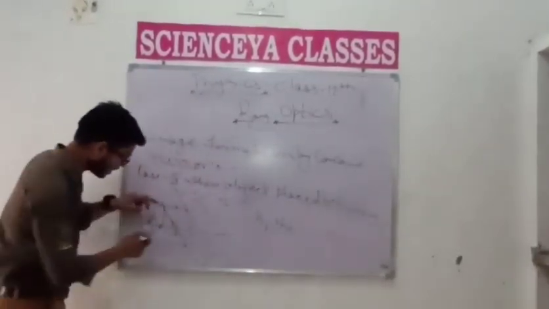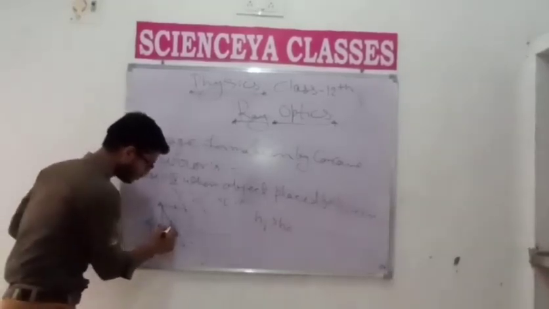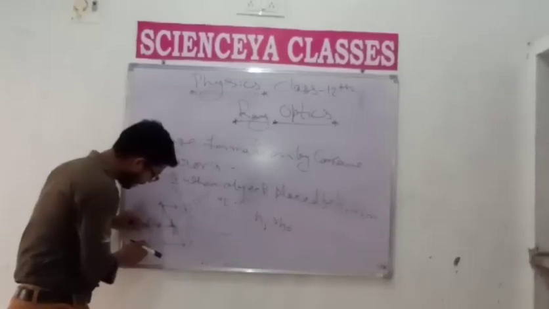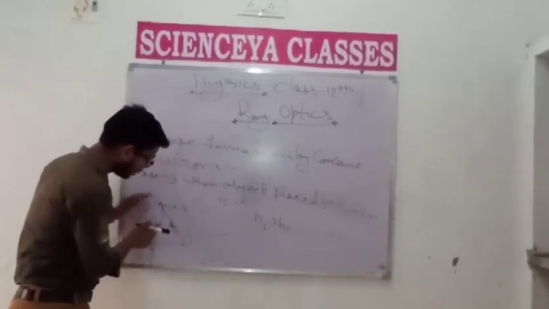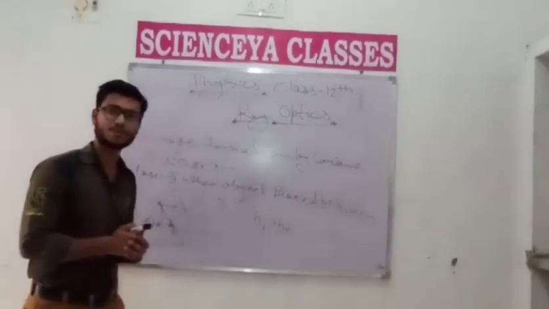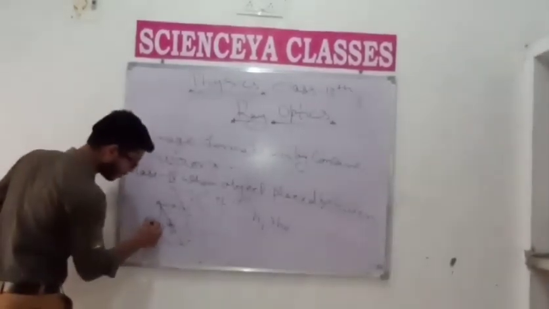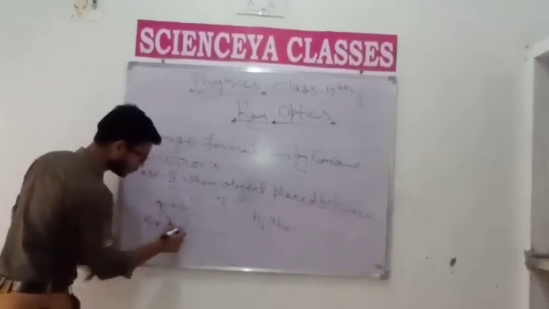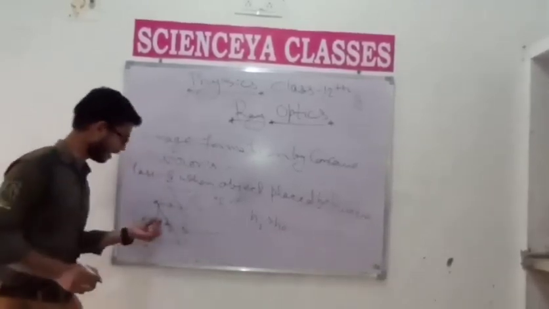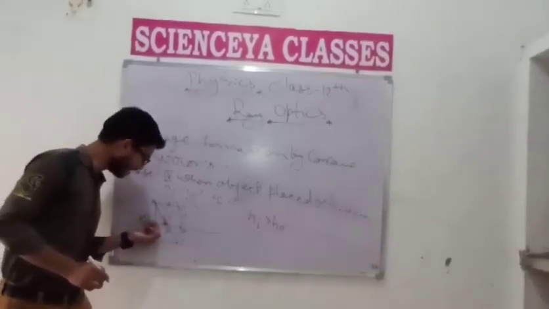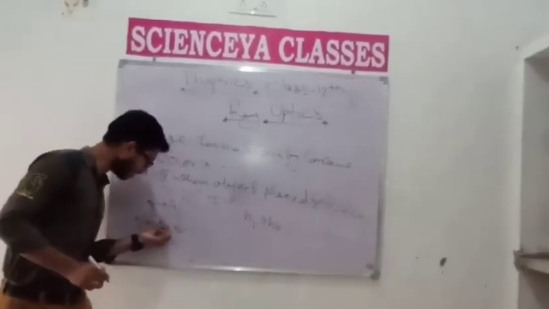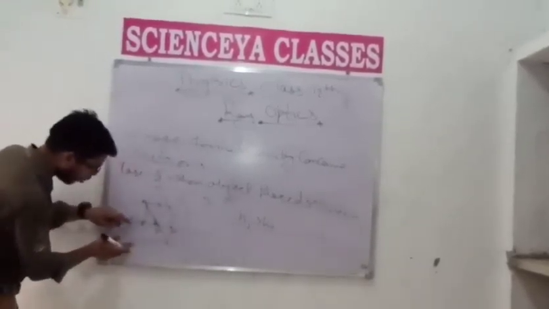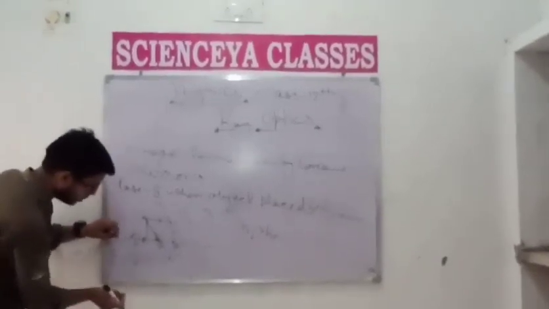Because student, as we move the object nearer and nearer to the concave mirror, or we just attach the object to the concave mirror, and if we bring the object nearer and nearer to focus, and between focus and pole, you note down that the size or height of image is increased gradually.